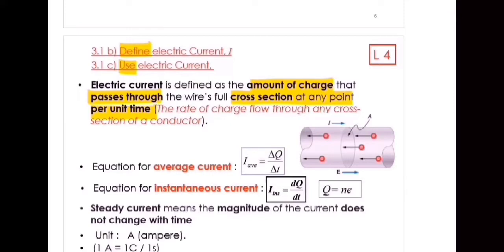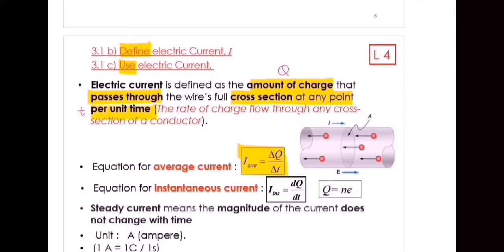We know charge is Q and time is T, so our formula for average current would be Q over T. That is, how much charge travels per unit time.